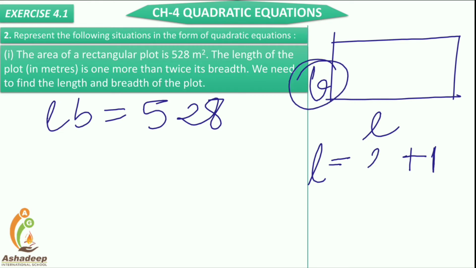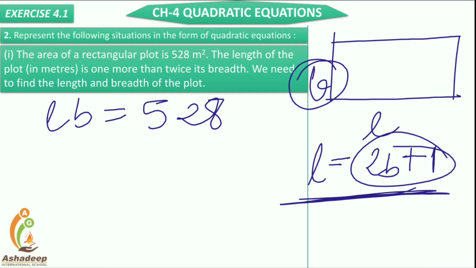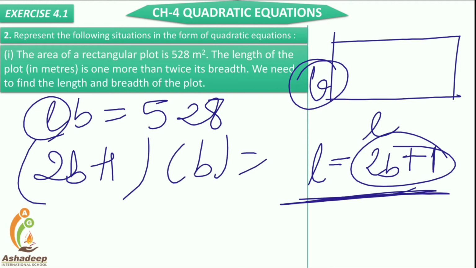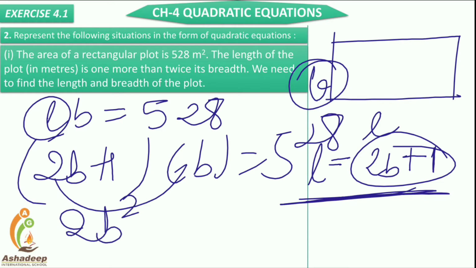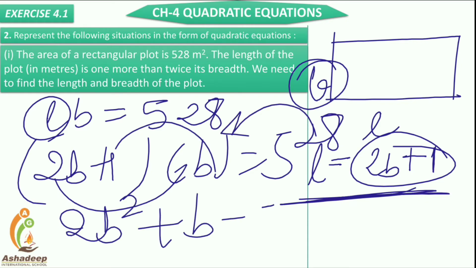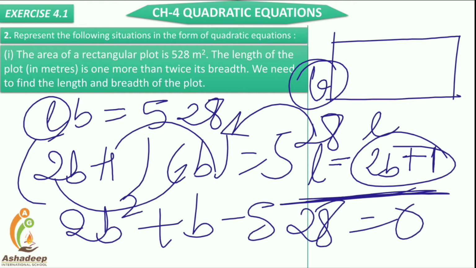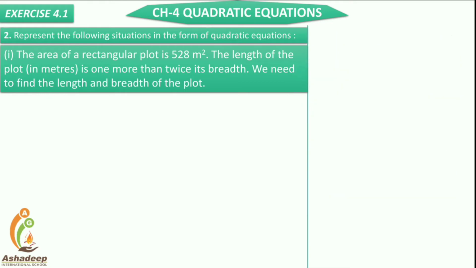Twice means 2 times, means 2 multiplied by b. So the value of L is nothing but 2b plus 1. So instead of L, what we can write down, that is 2b plus 1 in bracket b is equal to 528. Now 2b into b, that is 2b square, b into 1 plus b. 528 will come to this side so minus 528 is equal to 0. This is our quadratic equation.